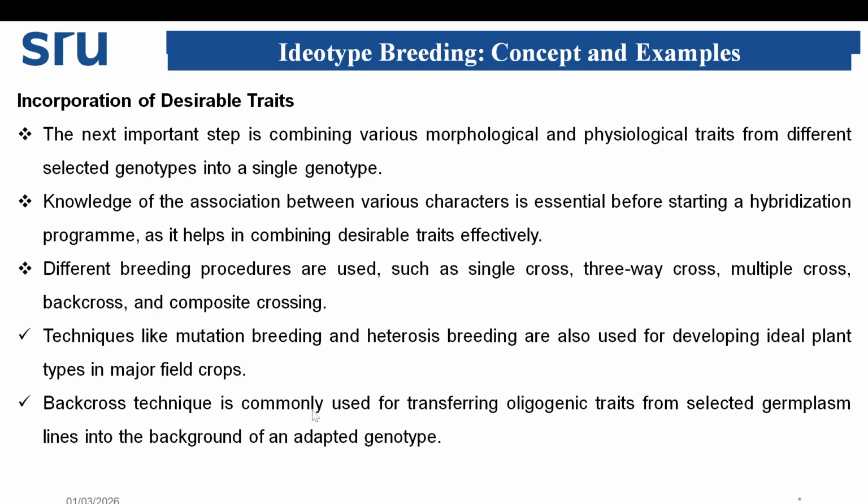Backcross technique is commonly used for transferring oligogenic traits from selected germplasm lines into the background of adapted genotype. Right. So for incorporation of these desirable traits, you can select any of the breeding methods, along with mutation and heterosis breeding and backcross breeding options.